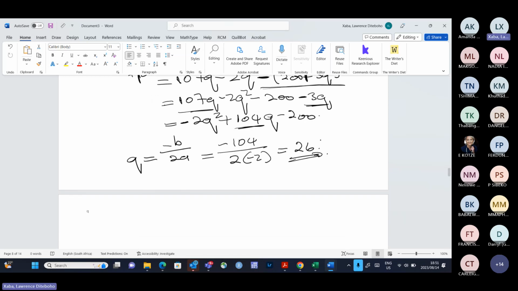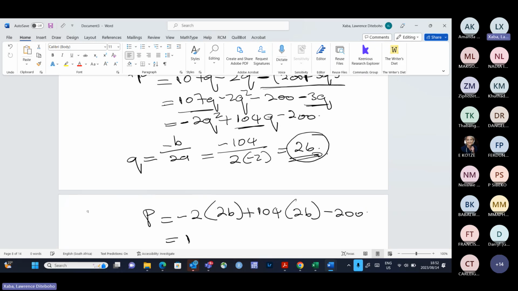So we take this value of Q and we're going to substitute it into P equals negative 2Q squared plus 104Q minus 200. So we say P is equal to negative 2, open brackets 26 squared, plus 104, open brackets 26, minus 200.